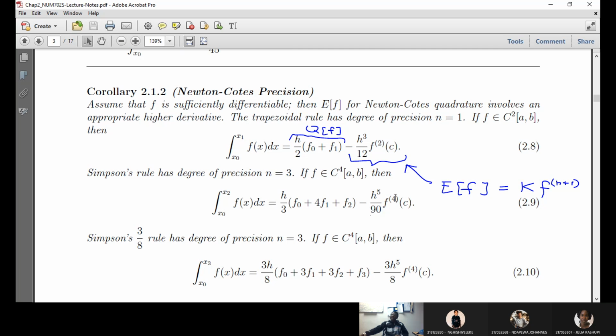But the n that we are using is 2n, right? Don't forget. Because for the Simpson rule, the number of subintervals that we are using is an even number. So when you extract n from that formula, remember that the summation is from 1 to n, where that n is half the total number of points.